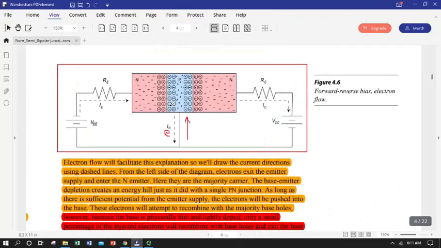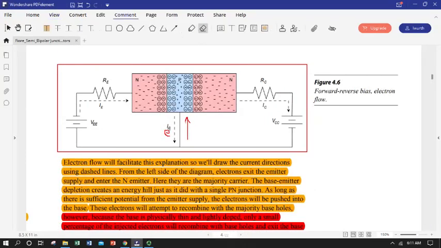Let's go back up to our schematic here, and this is an application that's super important for how we use these devices. I'm going to go back to conventional current now. If I have conventional current that flows in this direction, and we have some more flowing here, this is my collector current.